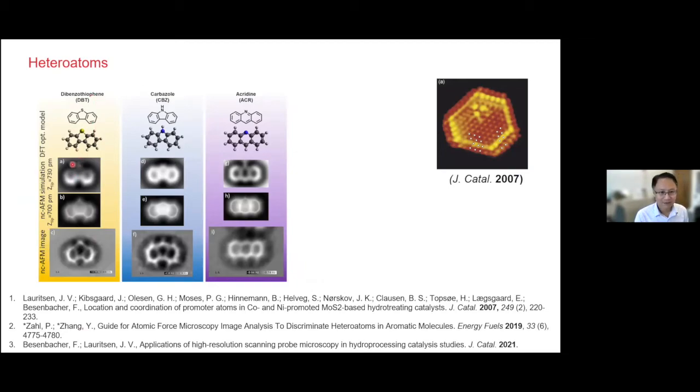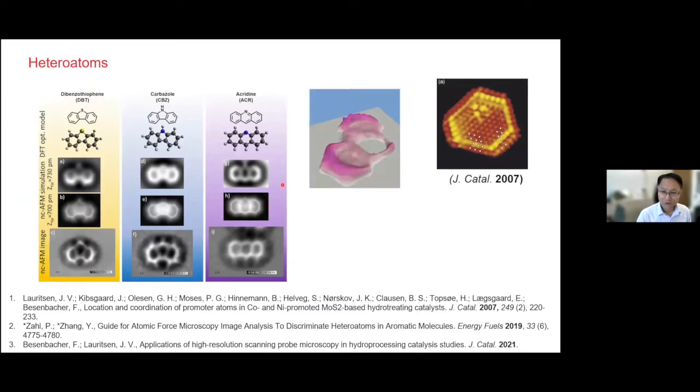You can see this sulfur atom in the middle. It's very easy to identify. But through very careful imaging, we also realized that the sulfur, although it's very high, the molecule is slightly tilted because sulfur has a higher binding affinity with the substrate. In this case, it is a gold substrate, gold 111.